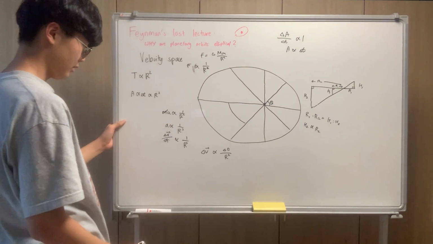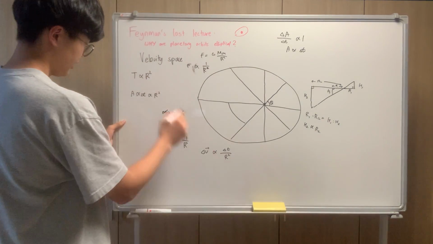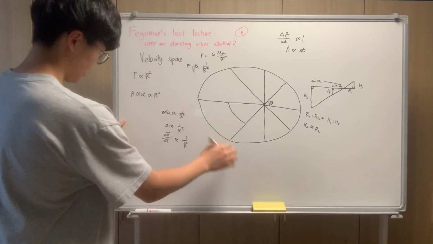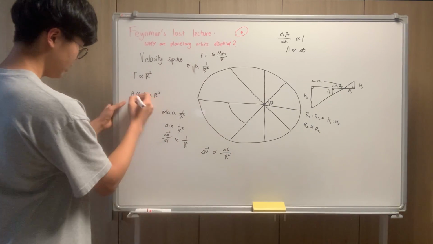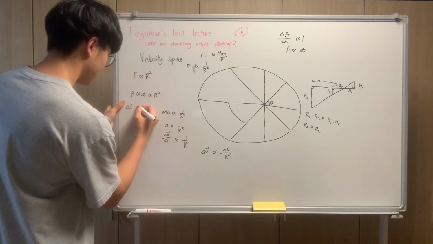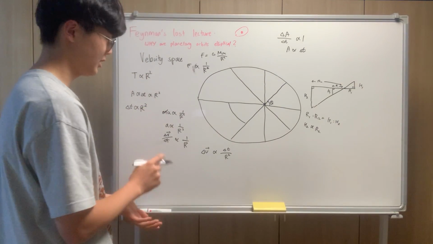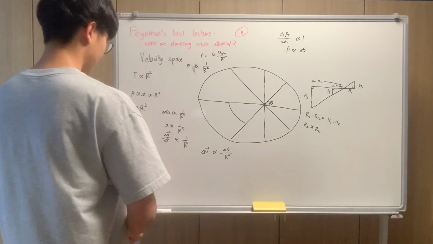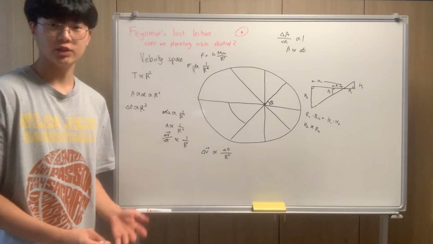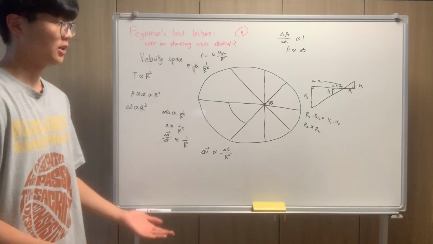Now, I'm going to input this into this expression over here. Here we said that change in time is proportional to r squared, which means that change in time is some constant times the radius squared. And we're not interested in any constants because there's no meaning.